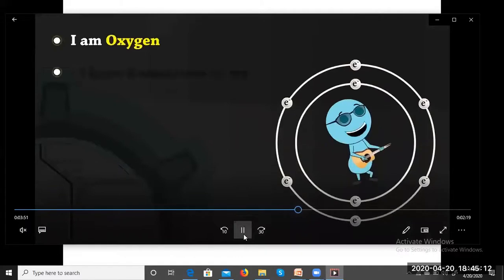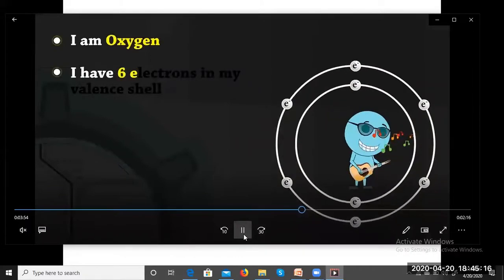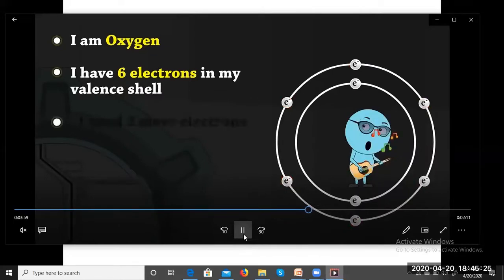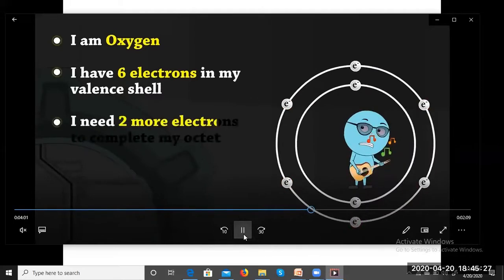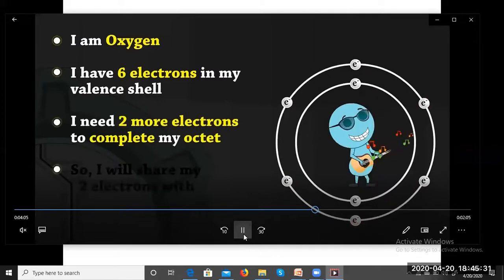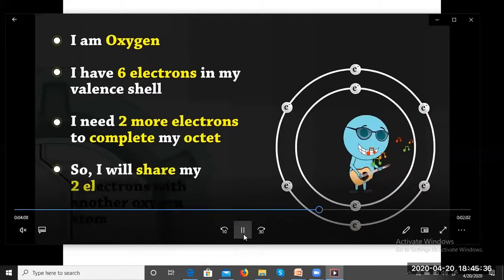So Mr. Smart is getting introduced to oxygen. Oxygen is singing and telling, I'm oxygen, I have 6 electrons in my valence shell and I need 2 electrons. So 1, 2, 3, 4, 5, 6 electrons in its valence shell. It needs only 2 more electrons to complete its octet. So it is going to share 2 electrons with another oxygen atom.